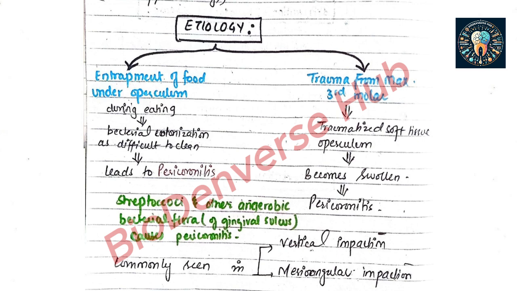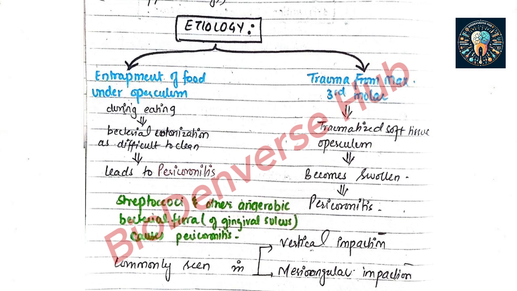In that regard, the streptococci and other anaerobic bacterial flora of the gingival sulcus are most probable to cause pericoronitis. Secondly, there could also be trauma from the opposing maxillary third molar on the lower impacted or partially erupted mandibular third molar. That traumatizes the soft tissue, that is basically the operculum covering the partially erupted mandibular molar, which becomes swollen and leads to pericoronitis.